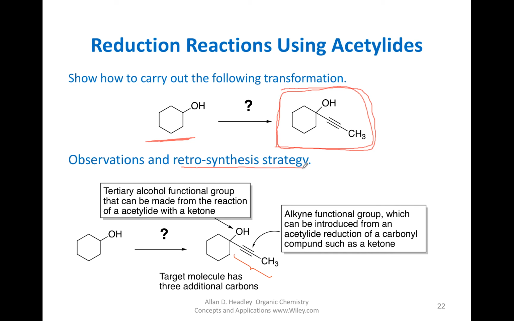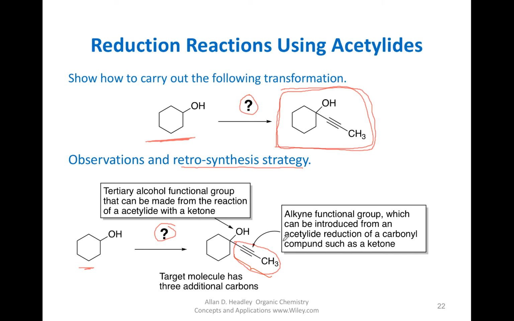Let us do some observations here. Number one is that we now have this group here, 3 carbons bonded to the starting material to form the product, which means that whatever we add here must have 3 carbons.